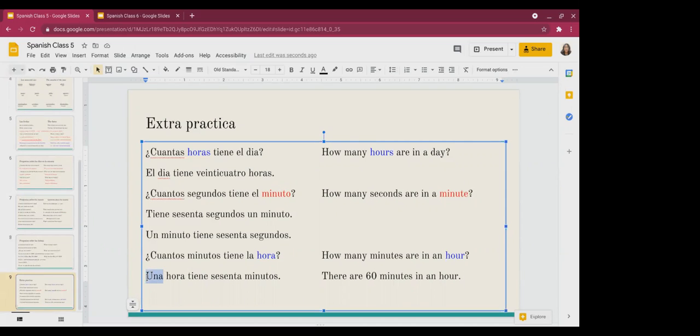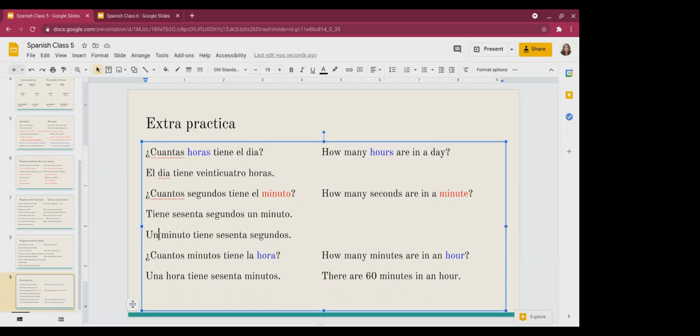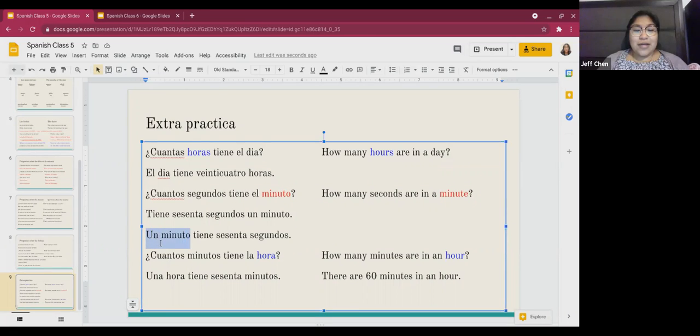What is the difference between un and una? They are the same, but here it says "un minuto," right? This part I'm also going to teach you later on in the course. It's singular, yes, just like "a" and "an."